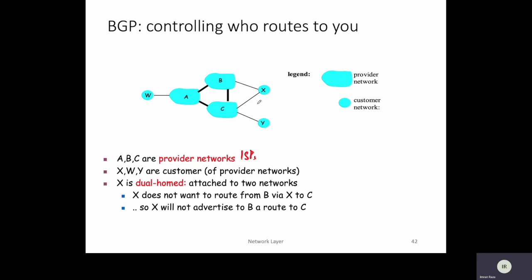X maybe does not want to route from B via X to C. So X doesn't want to allow this path, and X will not advertise to B the path between X and C, because maybe X has no monetary benefit out of it. In this way, X can control paths from it. If X advertised this path to B, it would mean X will also be routing data to the other provider C in this case, right?